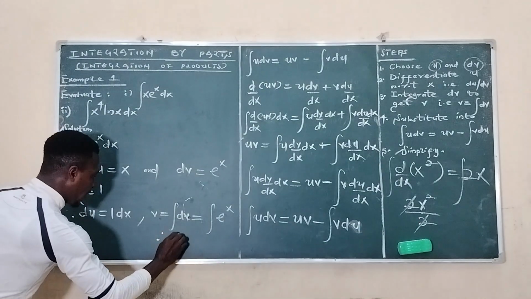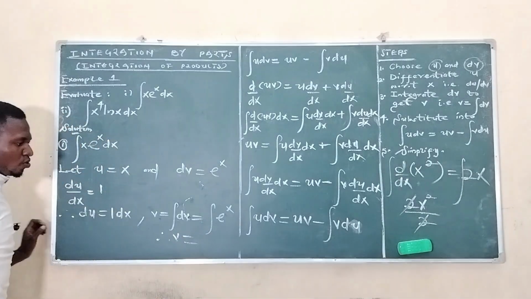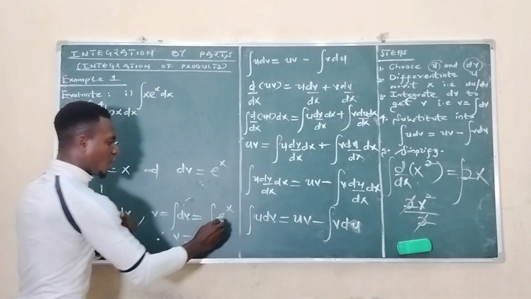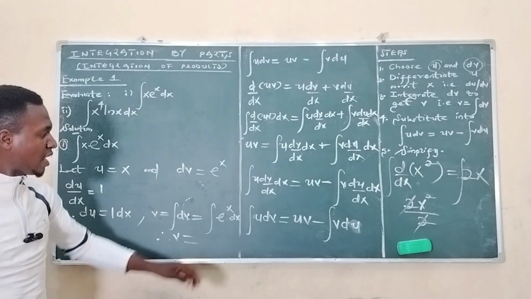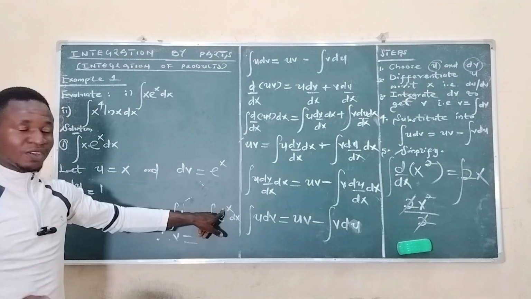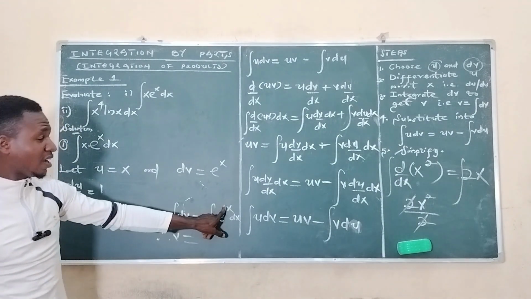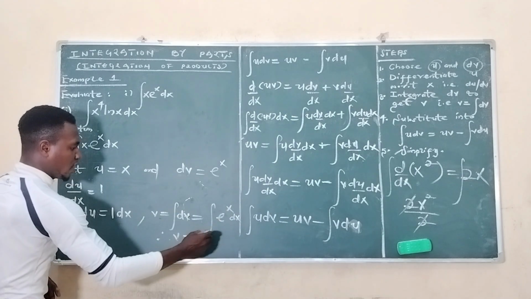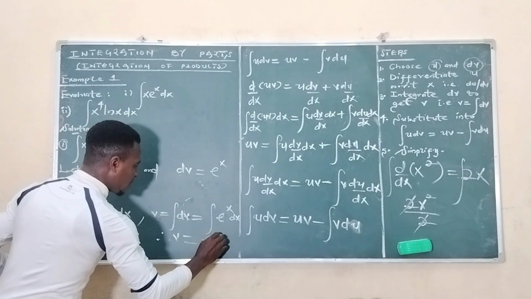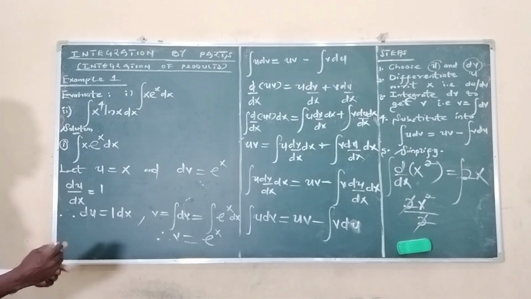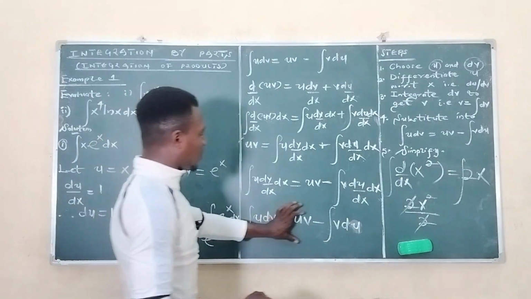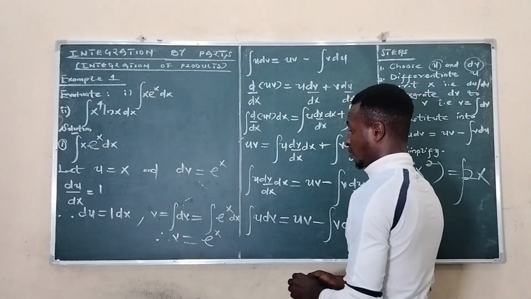So v is equal to the integral of an exponential function with respect to x, which gives us that exponential function, depending on what the coefficient of x is. But the coefficient of x here is 1. So when we integrate this, we have an exponential function. Nothing does change.